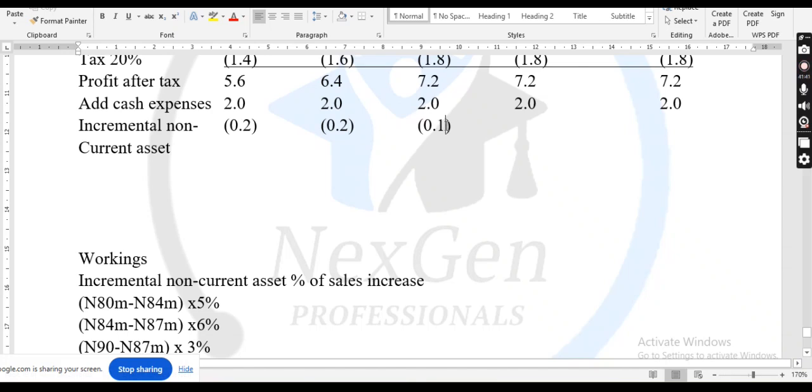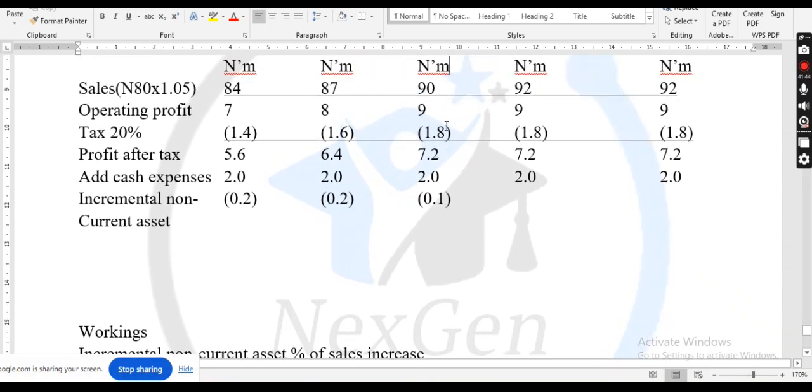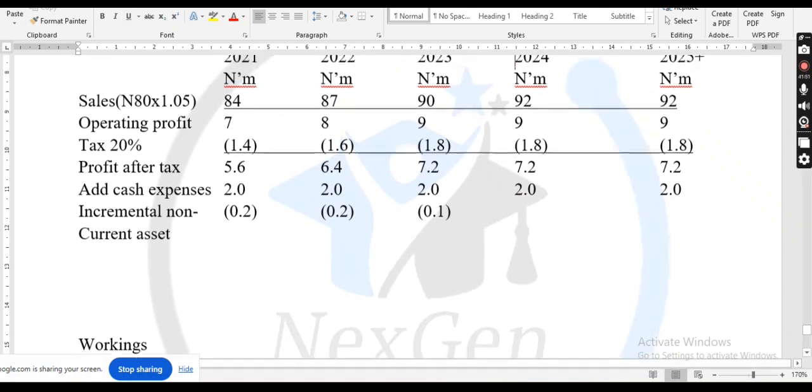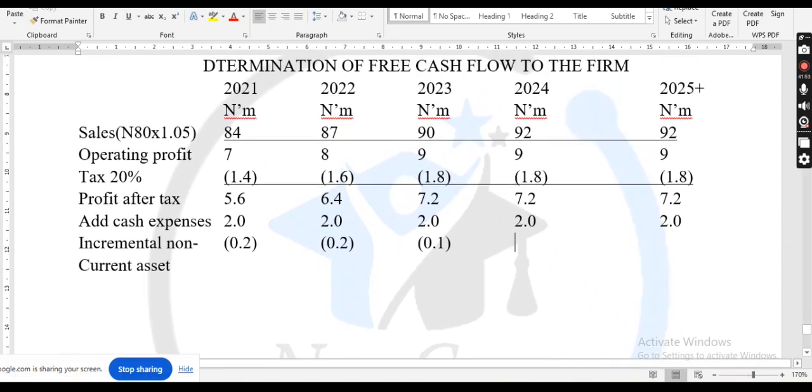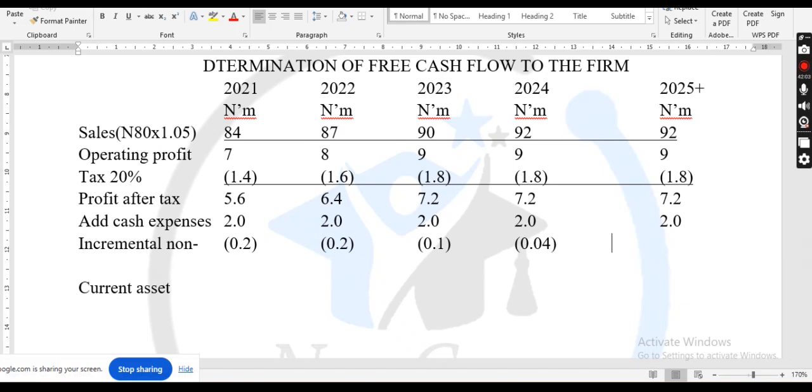So what of this? 0.1. Okay, 0.04. Next, what do we have here? 92 minus 90, 0.04. Next, same as 2024.